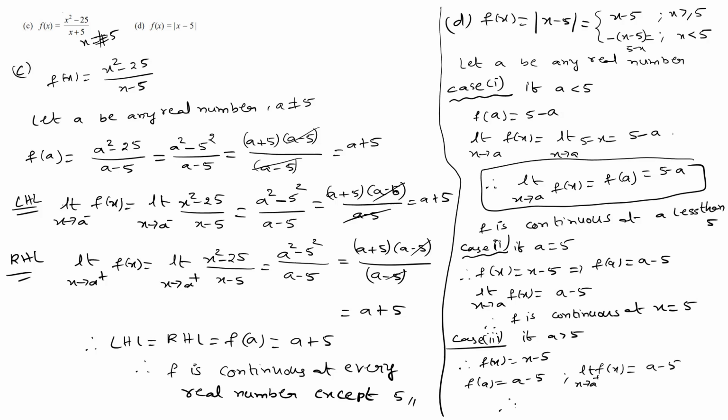So this one also we are getting a minus 5, this one also a minus 5 only, means therefore f is continuous at x equal to a greater than 5.